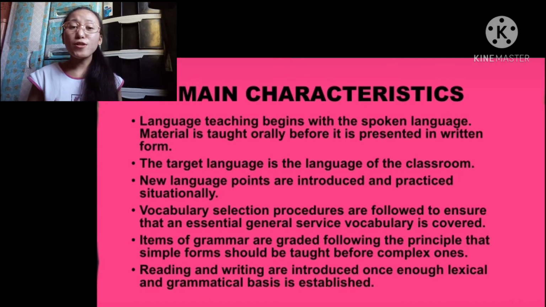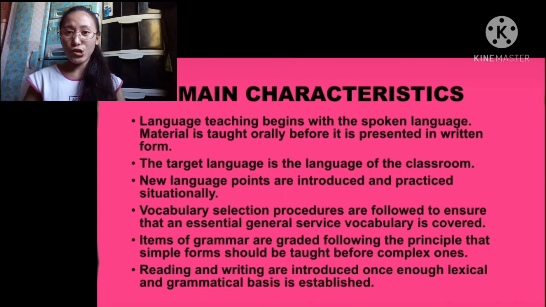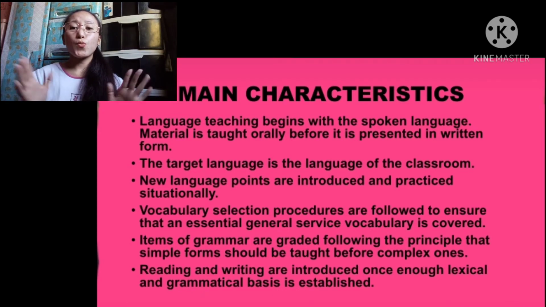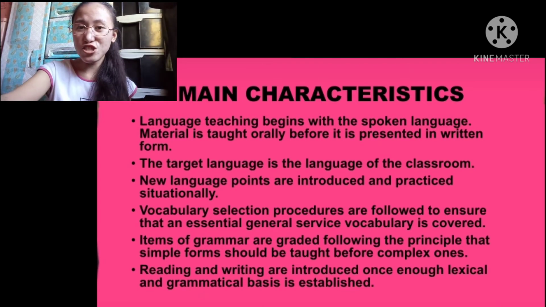Fourth, vocabulary selection procedures are followed to ensure that an essential general service vocabulary is covered. Fifth, items of grammar are graded following the principle that simple forms should be taught before complex ones. And the last one is that reading and writing are introduced once enough lexical and grammatical basis is established.